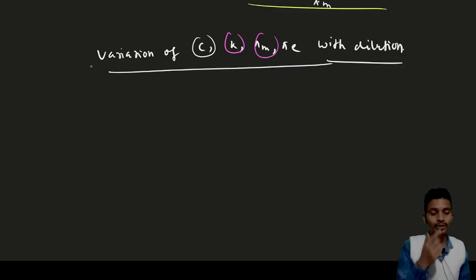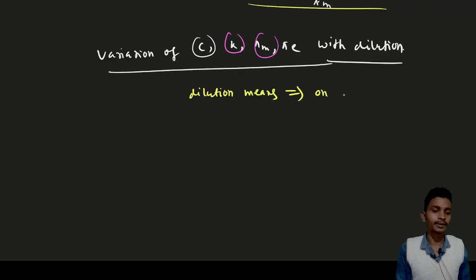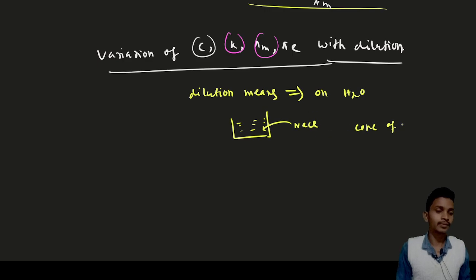Dilution means we are adding water. On adding water, if any electrolyte is there, let's say it's NaCl, and you add water, then the concentration of NaCl decreases. The concentration of NaCl or any electrolyte on adding water will decrease.